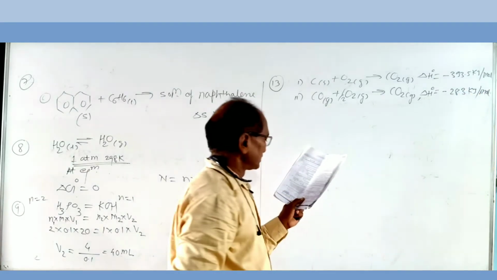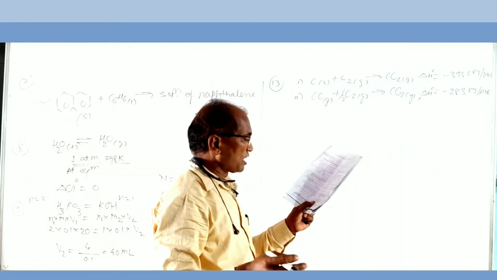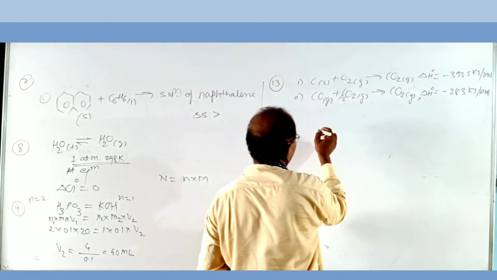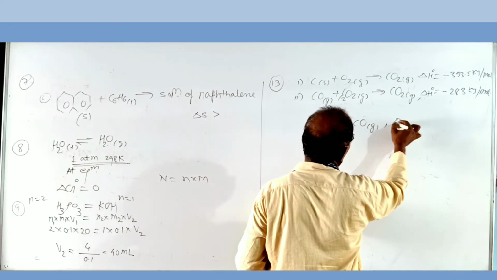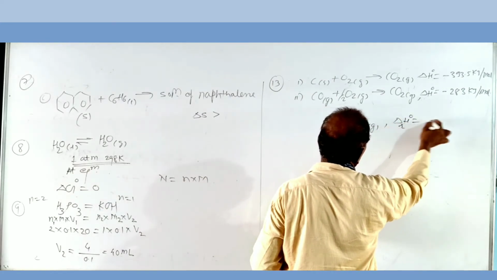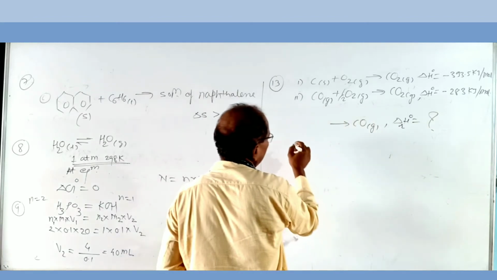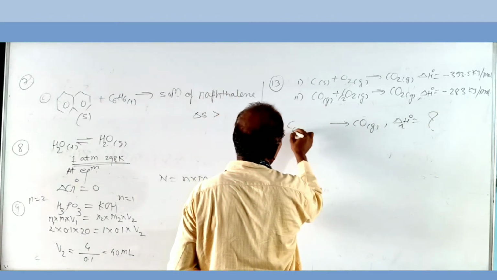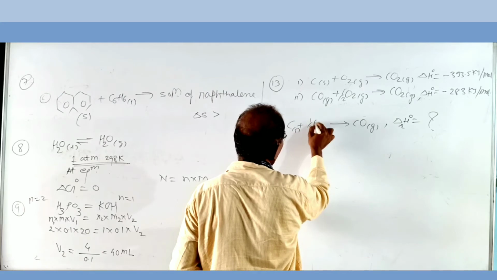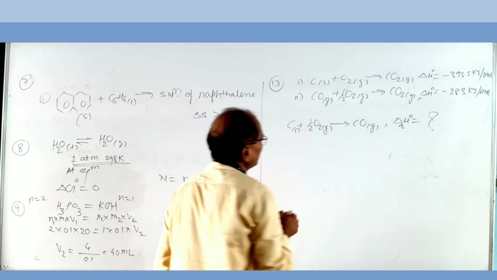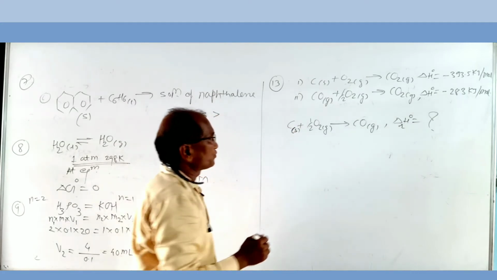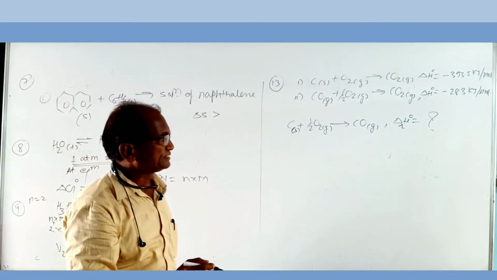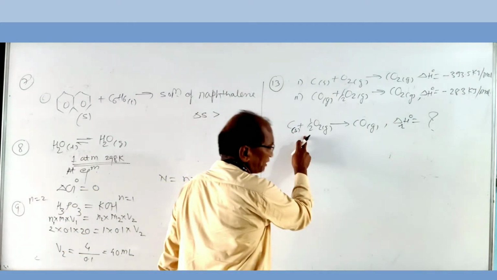And then the enthalpy of formation of carbon monoxide gas. Carbon monoxide gas is formed from its constituent elements, that is carbon solid plus half O2 gas, which give rise to CO gas. This is the required equation.